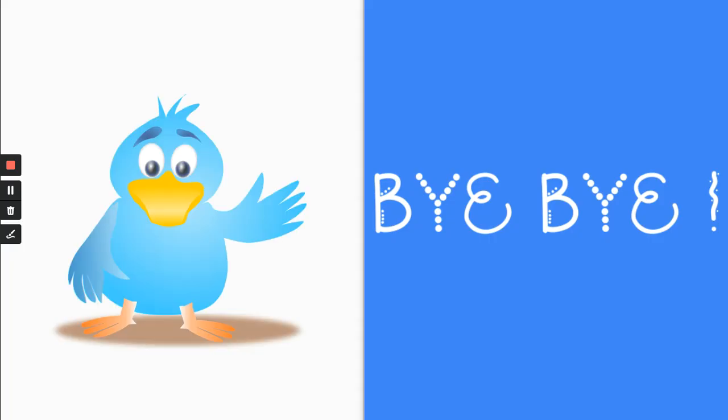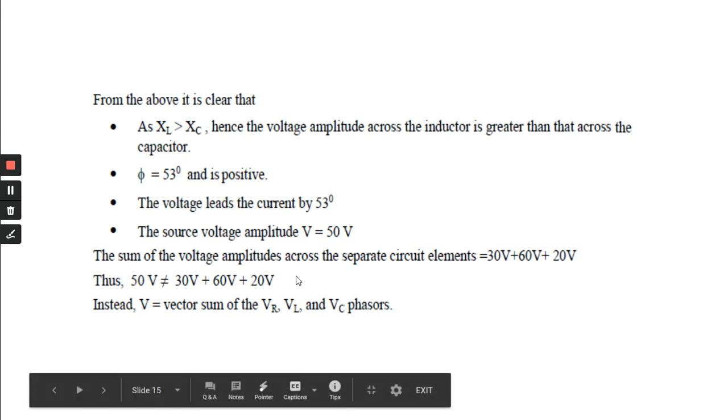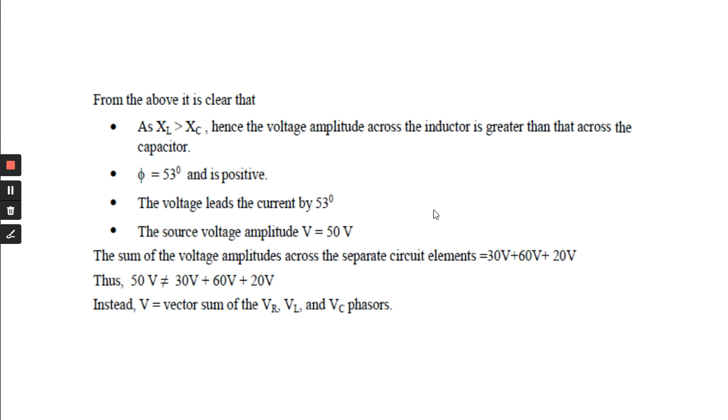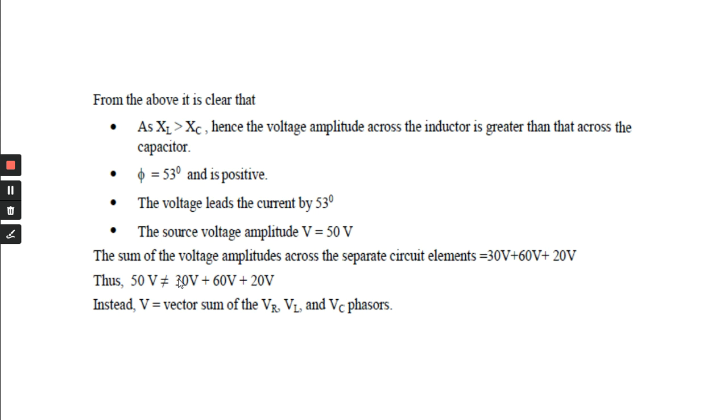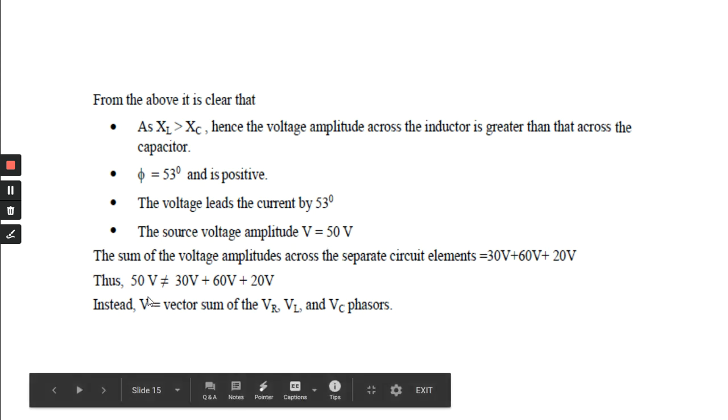You can find it as the square root of VR square plus VL minus VC square. That is the square root of 30 volt square plus 60 minus 20 square, so it is equal to 50 volt.